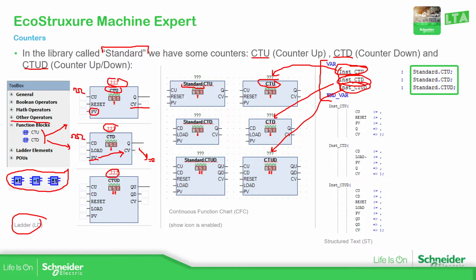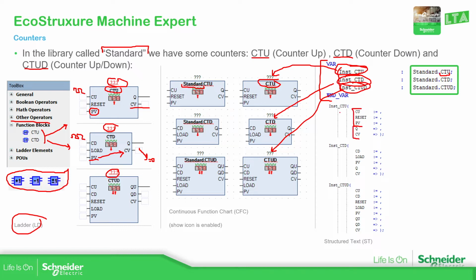In structured text, it's a little bit different. We don't have this visualization of the block, but instead of using the name CTUD to call all this part, we call the instance, and when we call the instance we can see all the same parameters.